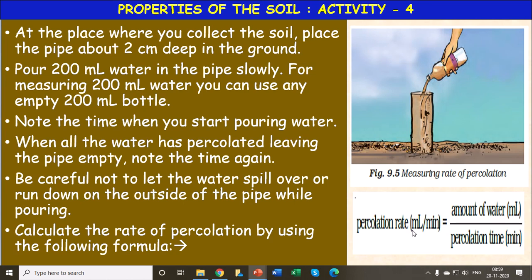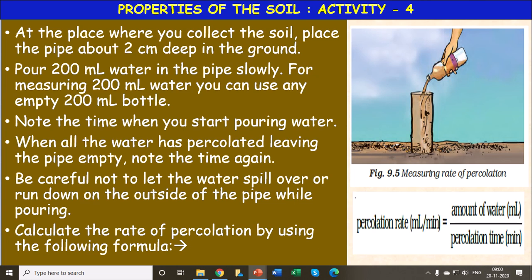Percolation rate in ml per minute is equal to the amount of water in ml divided by the percolation time in minutes. Here we have taken 200 ml as the amount of water. The initial time and final time we have noted, and the difference gives the percolation time. So this is the formula used to calculate the percolation rate, with units ml per minute.